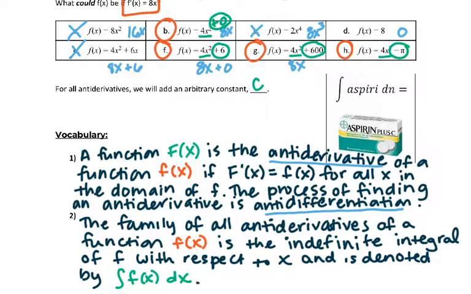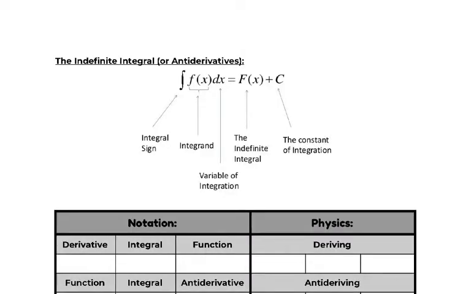And then we're going to go more in detail with that on the next page. Okay, so the family of all antiderivatives of a function is represented by the indefinite integral of f with respect to x. On the back of your notes there's a better diagram of this.